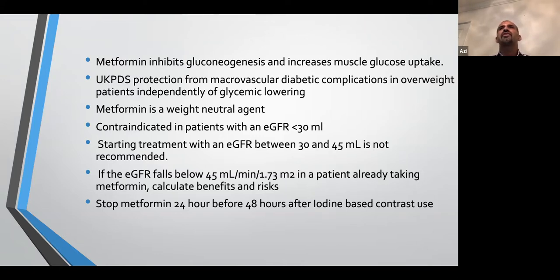If it's still more than 30 and metformin is working well for the patient and creatinine is worsening, let's say it's 1.8 now, however, the patient does not show signs of hypoglycemia or ketosis, we continue that.